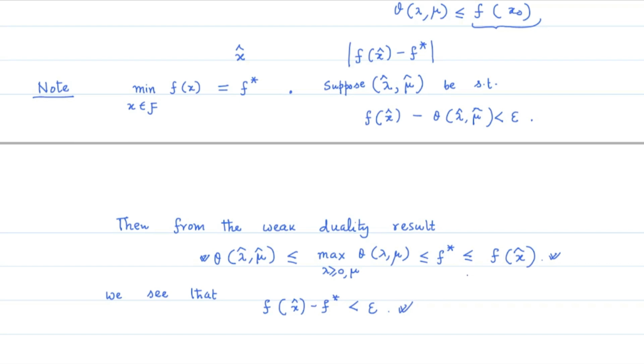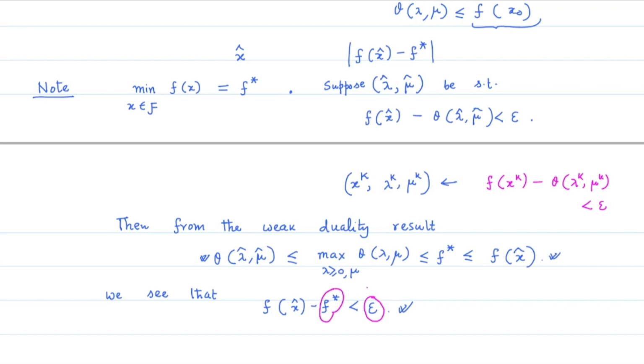So you devise an optimization algorithm in which we execute both primal and dual iterative points. If at the kth iterate the primal and dual variable values are x k, lambda k, mu k, then check the difference between f x k and theta lambda k mu k. If this is less than epsilon, then you are sure that you are within epsilon distance of the exact minimizer of the primal problem.